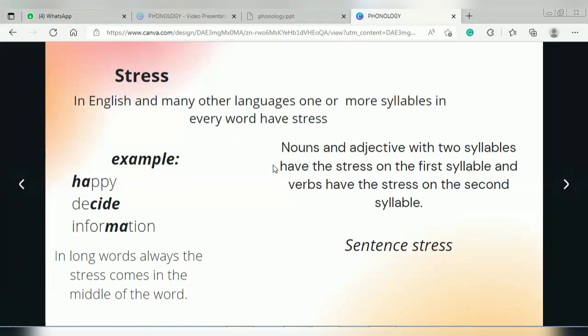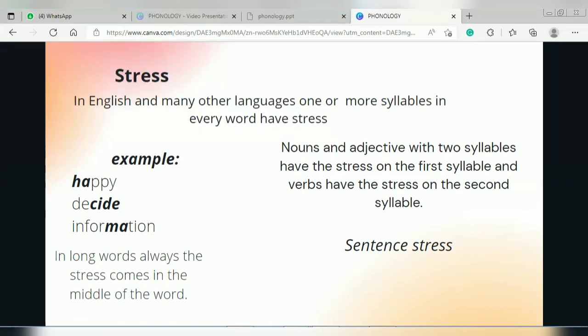Another characteristic of stress is for nouns. Most nouns and adjectives with two syllables have the stress on the first syllable. For example, happy. And verbs have the stress on the second syllable, like this, decide. So this is the rule of the characteristic of stress.